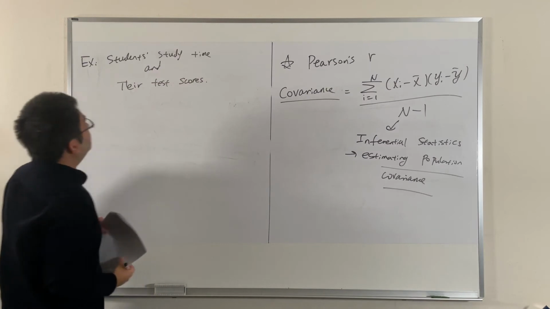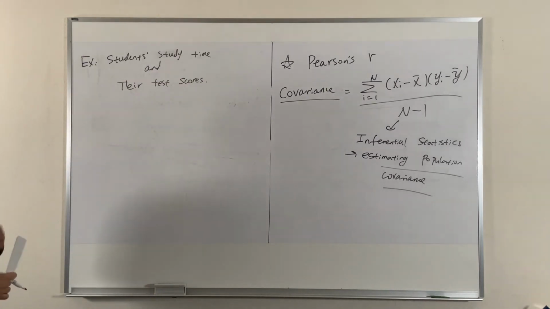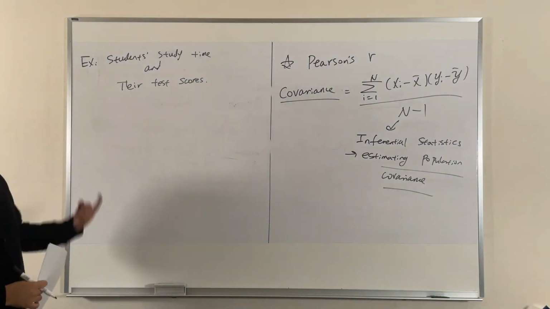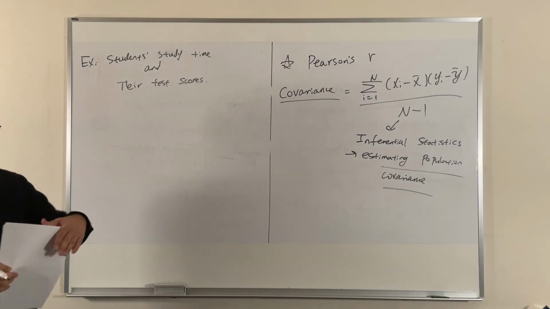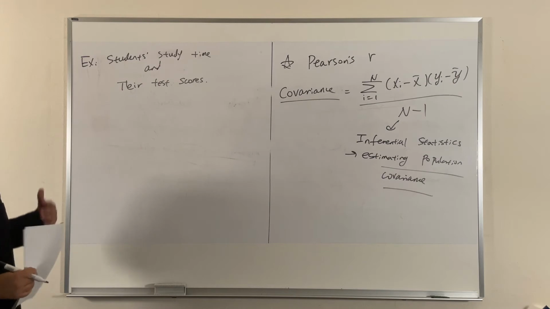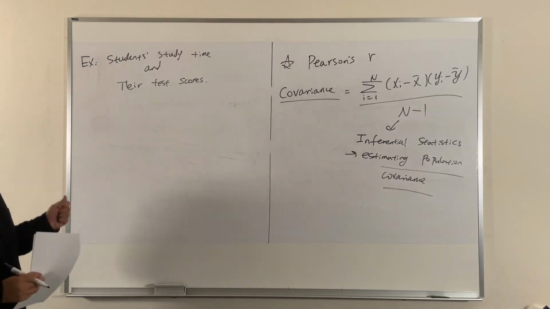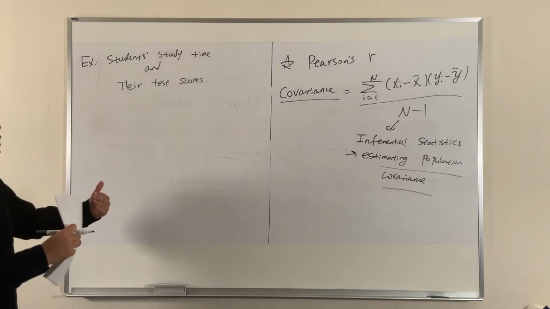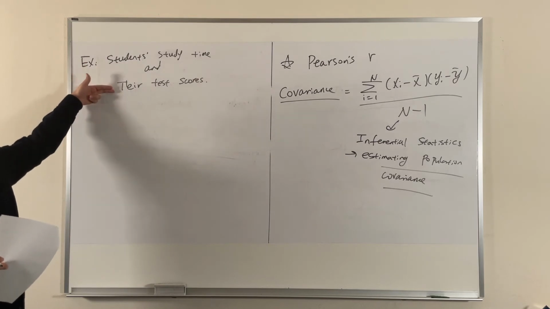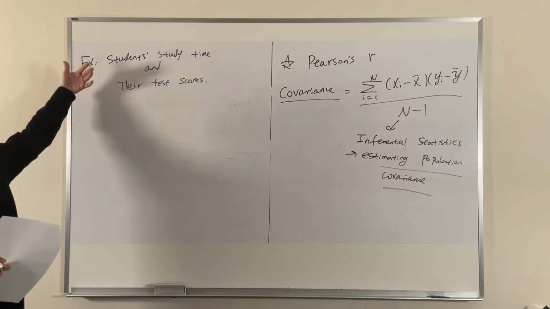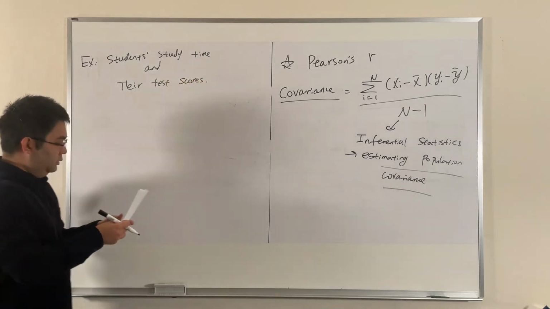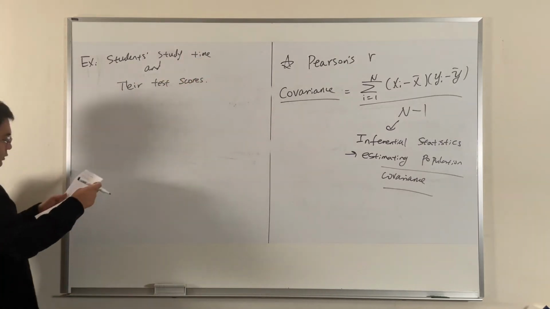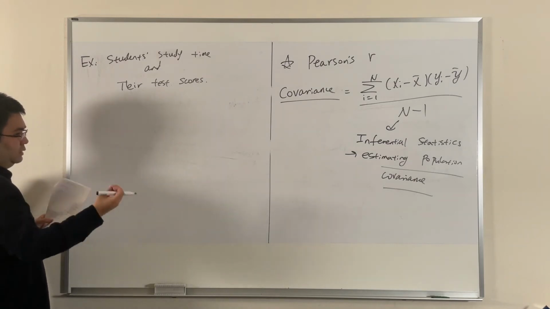Okay, so now we're looking at two variables. The first variable is how much time the students study for, say, for a midterm, and then what their test scores turn out to be. And we want to ask whether they're related, and how they're related. So we're looking at the covariance of these two variables, and then we have 6 sets of data.